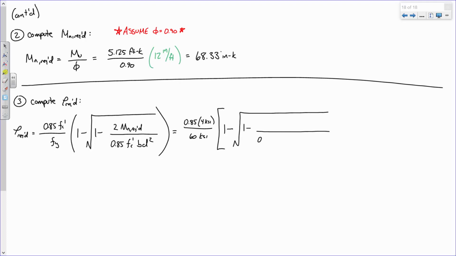All right, 1 minus square root 1 minus. Okay, so 0.85 times 4 KSI times, and then what was B? B was 12 inches. And D, we're going to take D to be 5 inches. And remember, don't forget to square that. It's really easy when you're doing these problems to forget to square the D on the bottom. And 2 times 68.33 inch kips.